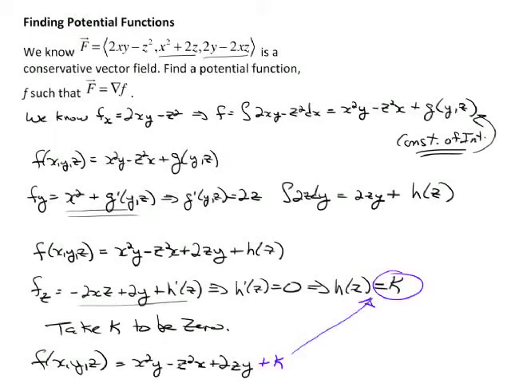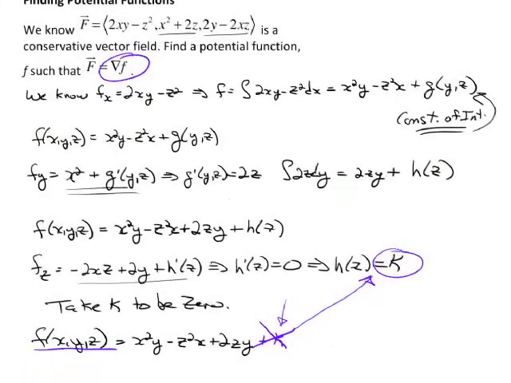The reason I said I could take it to be 0 is because this is all about being able to find the gradient function. So to find the gradient, I'm going to take the partial with respect to x, y, and z. Every time, this k is not going to contribute anything. It's going to be 0 every time I take the partials. So I can just drop that k and not worry about it. So this function f of x, y, z is accurate to within some constant, the value of which is totally irrelevant because it doesn't change anything that I'm doing.